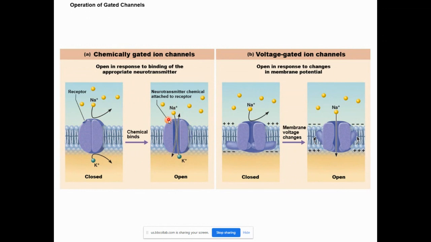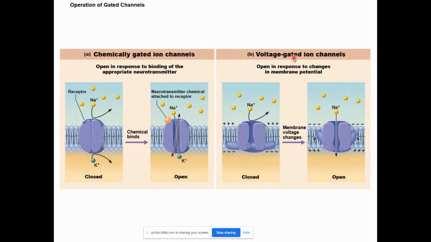So there's your little chemical, and those little chemicals are called neurotransmitters. When we covered muscle, that neurotransmitter was acetylcholine, right? That caused, we called it the end plate potential in that chapter. But this is just saying that, yeah, some channels open up because a neurotransmitter is bound to it, and now allowing ions to flow in and out.